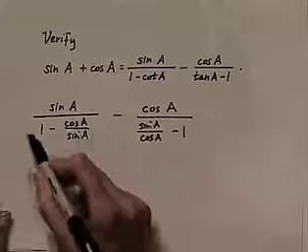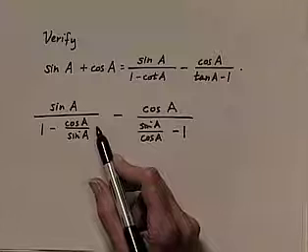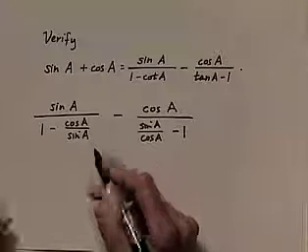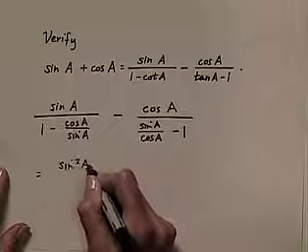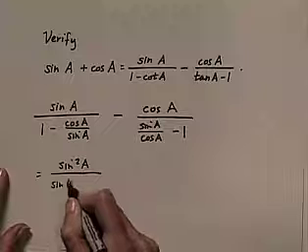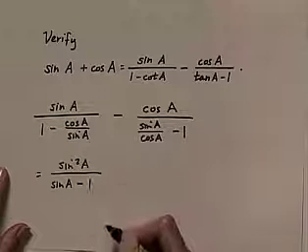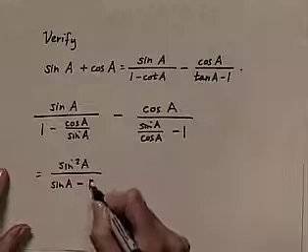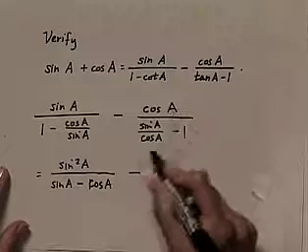In the complex fraction to the left, I'll note that I'll need to multiply both numerator and denominator by sine of A. That will yield sine squared A divided by, we're going to multiply the 1 times the sine of A, and we'll multiply that fraction times the sine of A, leaving us with a 1 with a cosine of A. And then let's multiply in the second fraction.